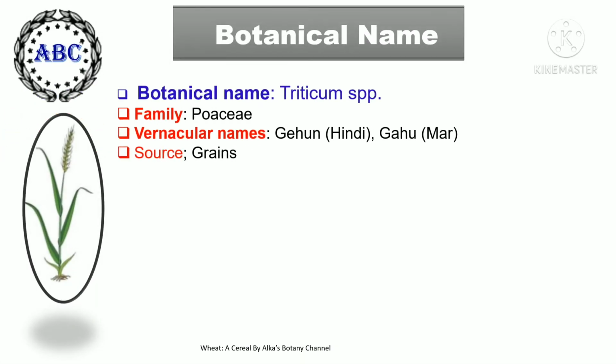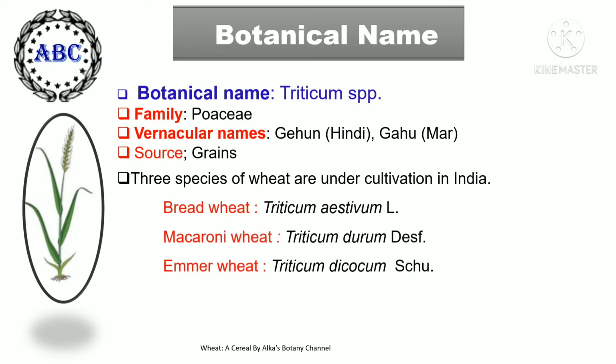The botanical name of wheat is Triticum species, and it comes under family Poaceae. Vernacular names of wheat are Gehu in Hindi and Gahu in Marathi. The part used is the grains, which are a staple food.